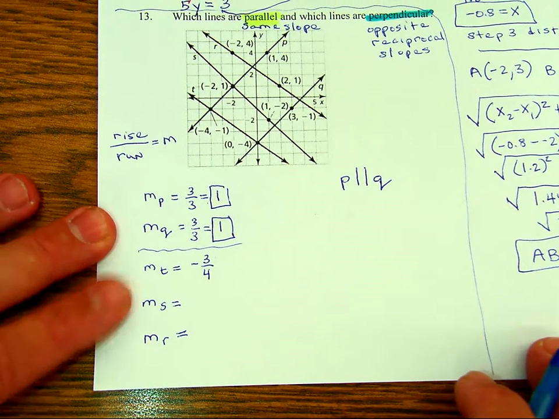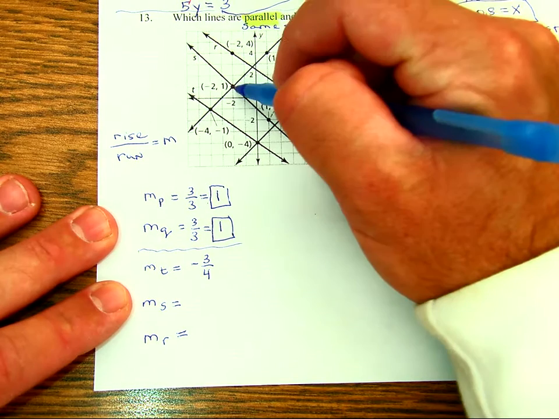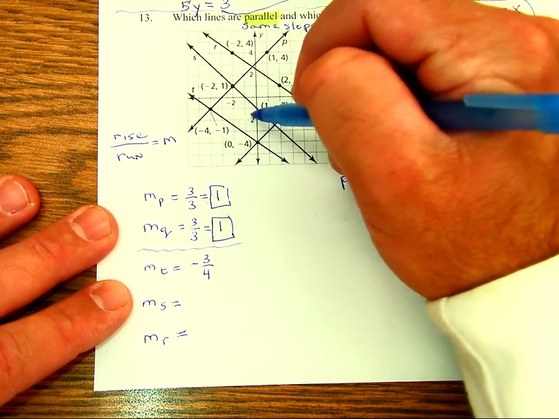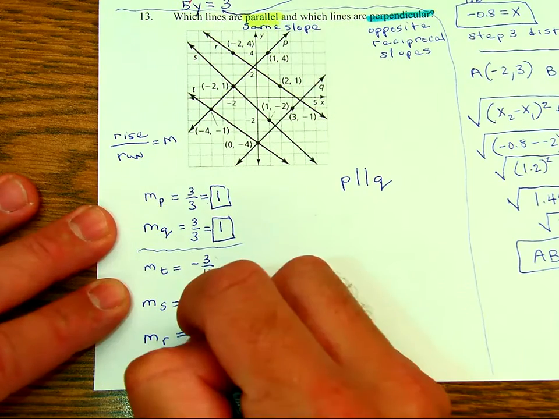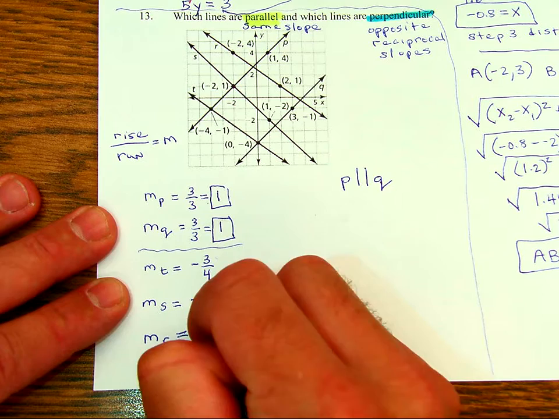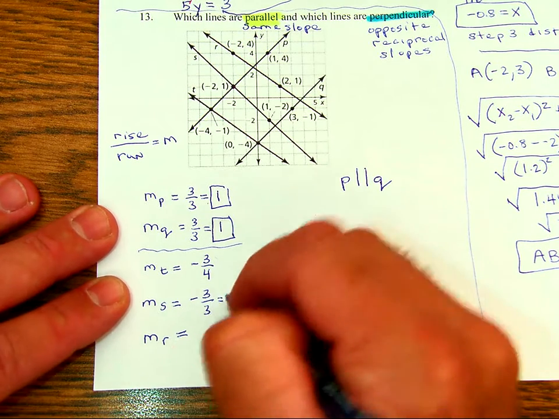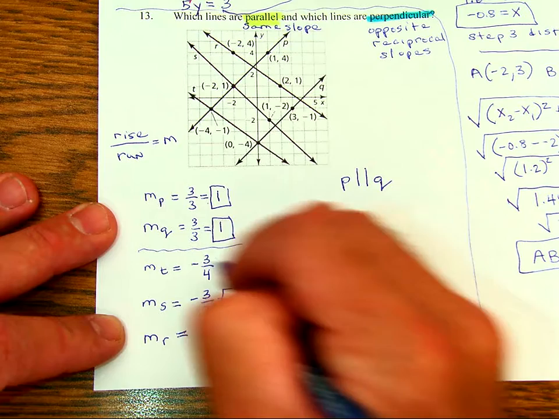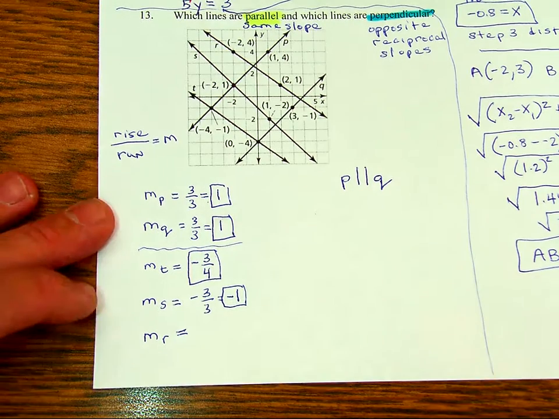Okay, for line S, if I start up at this point, I would go down 1, 2, 3, right 1, 2, 3. So down 3, right 3. Could simplify. Negative 3 divided by positive 3 is negative 1. This one had a slope of negative 3/4.